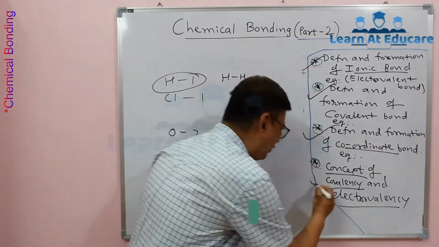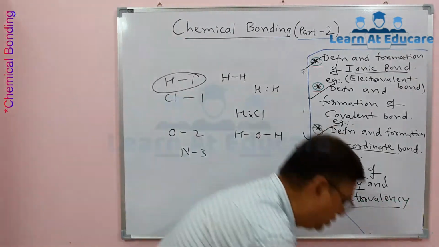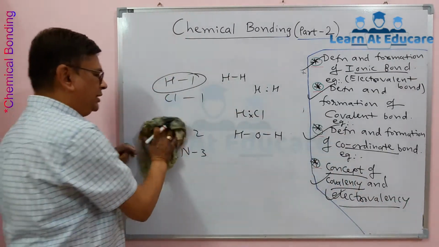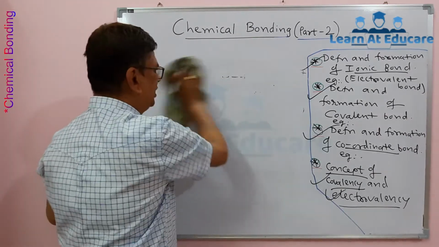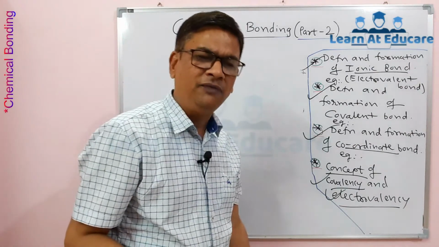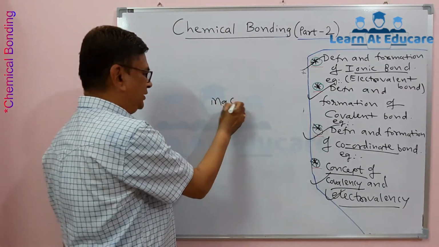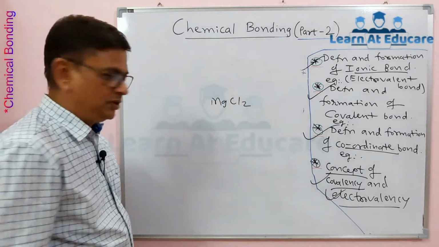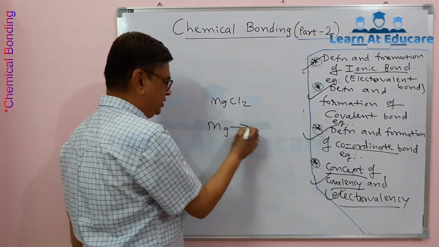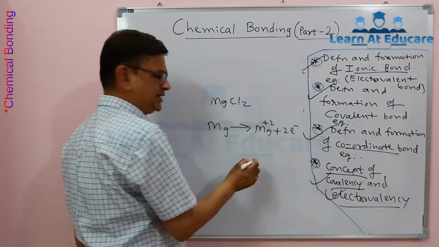What about electrovalency? Electrovalency is the number of electrons donated or accepted by an atom to become its positive or negative ion during the formation of an ionic bond. For example, in magnesium chloride, MgCl2, magnesium donates 2 electrons to become a positive ion, that is a cation.